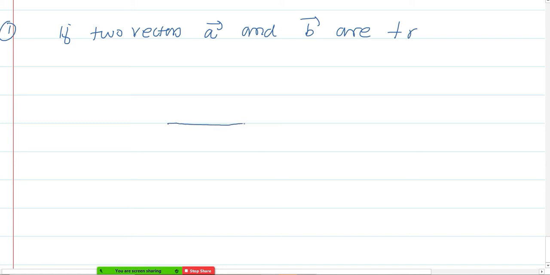Now, let us consider if two vectors are perpendicular. If two vectors A vector and B are perpendicular, then draw A vector like this and the B vector is this. Angle between A vector and B vector will be 90 degrees.